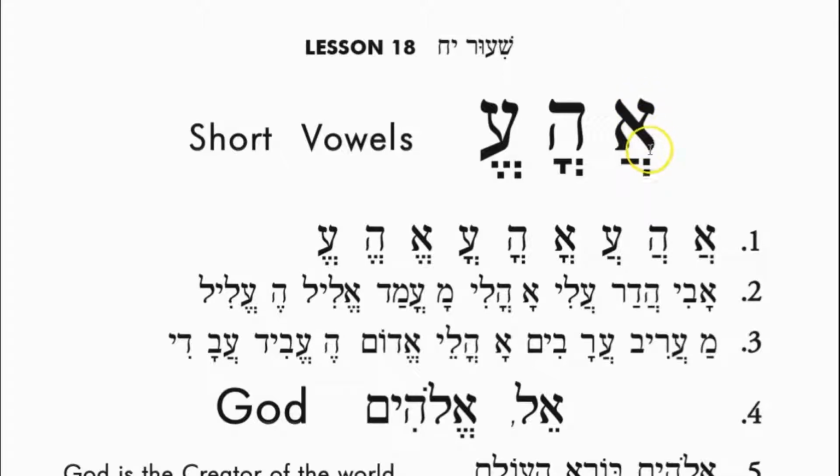So instead of saying ah, I'd say ah. Instead of saying ha, I'd say ha. Instead of saying eh, I'd say eh. It cuts it down in size. So basically it allows for the introduction of short syllables into words, which will be important later on when we start addressing some of the grammatical issues.